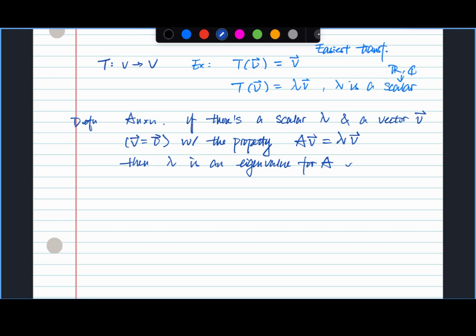And we say this v is an eigenvector of A for the eigenvalue lambda.